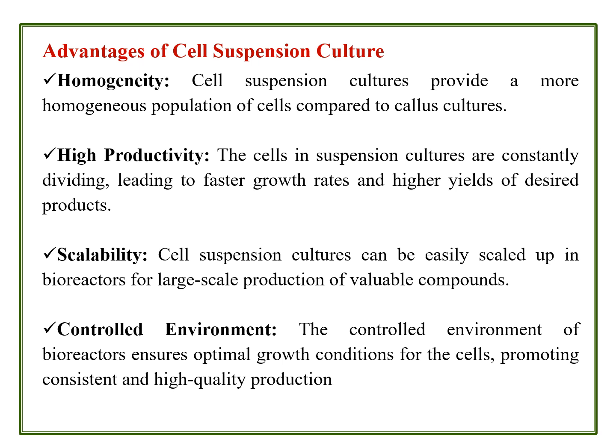But here the cells in suspension culture are constantly undergoing mitotic divisions, leading to a faster growth rate. Higher yields of desired products will be obtained through the cell suspension culture. That is one of the important advantages of cell suspension culture in plant tissue culture.